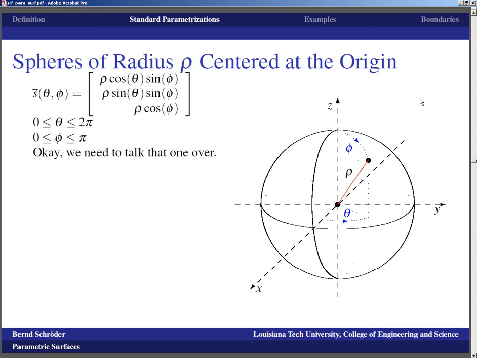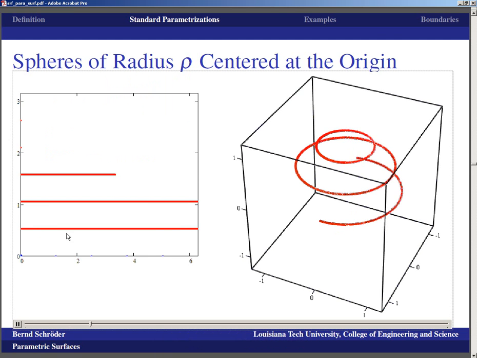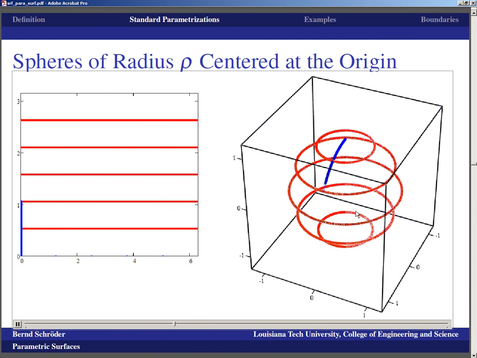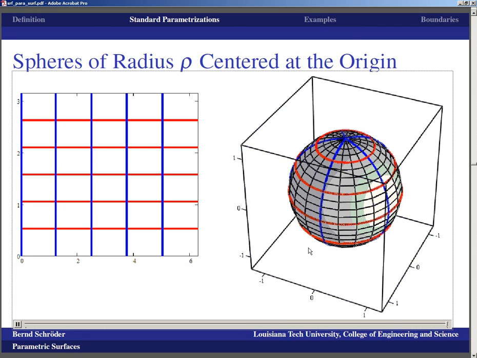All right, this picture is another one that you want to keep in mind. What I typically remember is I want to understand what theta does. It's projecting down, and then it's the angle like in cylindrical coordinates, and you want to remember that phi is coming off the z-axis. And that would be a function of theta and phi. And if we want to draw a sphere of radius 1, well, okay, the theta stuff draws circles, and the phi stuff, as you can see, phi comes off the z-axis and draws these long half circles.